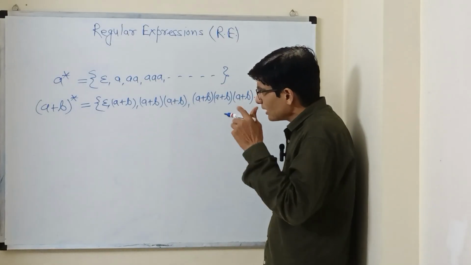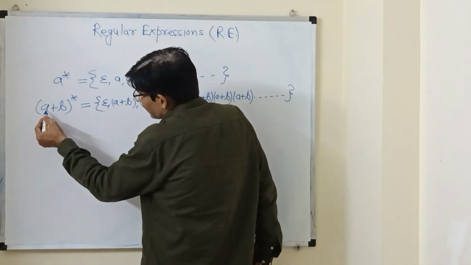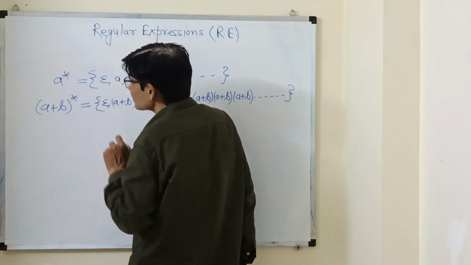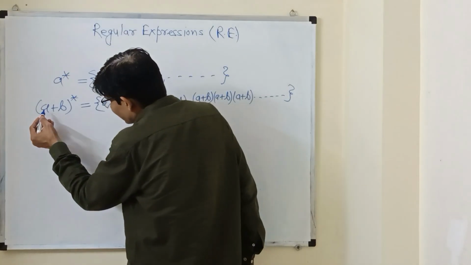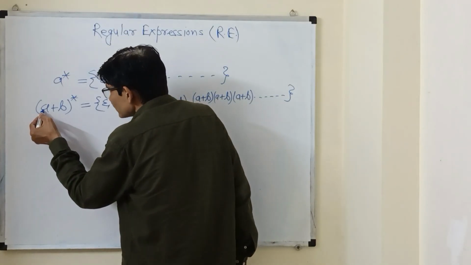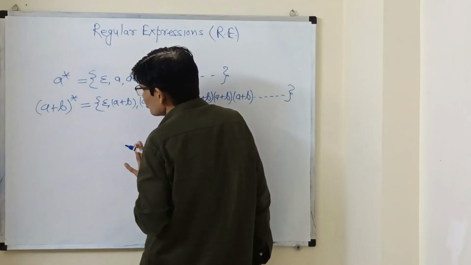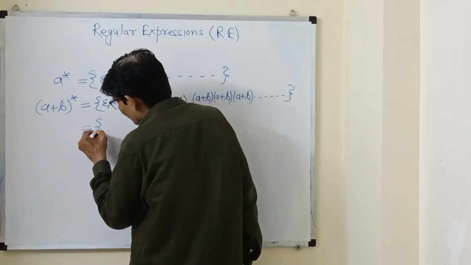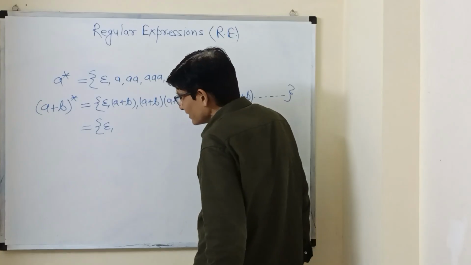Now, as I told you earlier, binary plus provides a choice between two symbols. So here we can use either a or b, any symbol anytime. So now this set would become: epsilon will always be there.